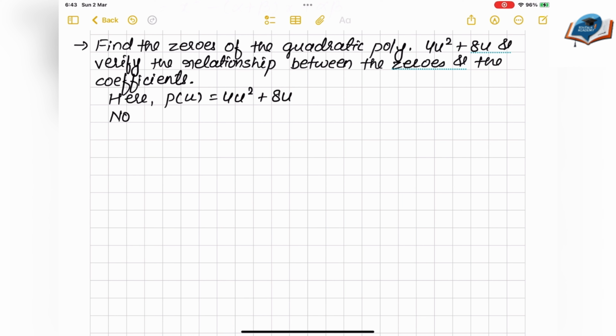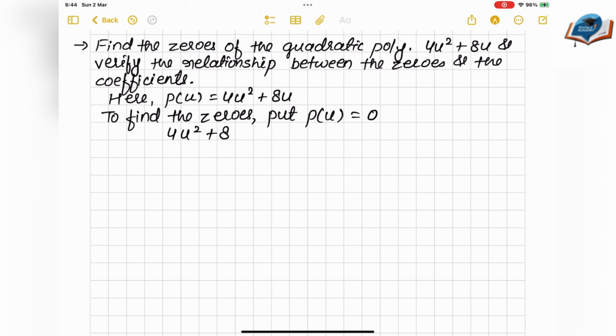Now, to find the zeros, put p of u equal to 0. So that means 4u square plus 8u will be equal to 0.